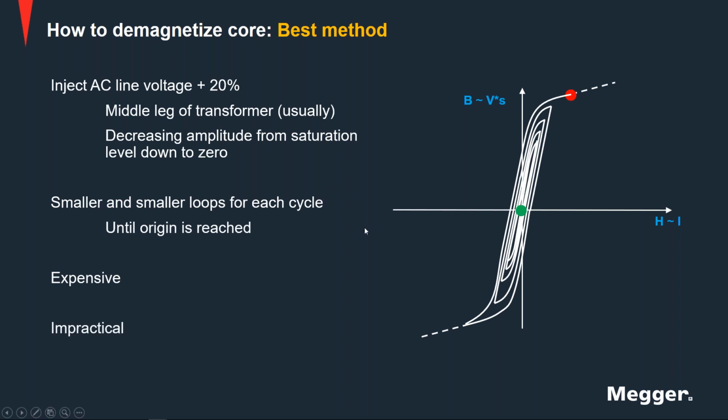You don't want to carry lots of equipment to the field. And one of the reasons why winding resistance measurement is a DC test and you need to reach saturation is because with DC, you can saturate the core with low voltage and low current. And remember that there's something else that is important for you to understand as well.